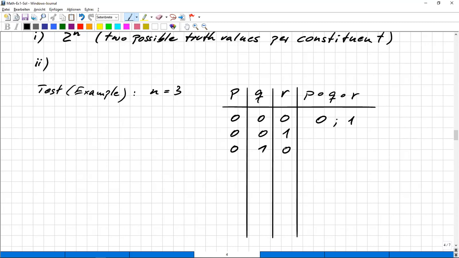I use my usual order, ascending binary inputs, and that means that P jumps to 1 now, and then this repeats behind here, 0, 0. Then I have 1, 0, 1, 1, 1, 0, and 1, 1, 1. Now that's the 8 rows of our truth table.